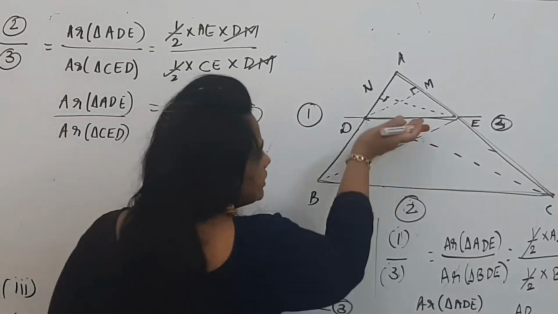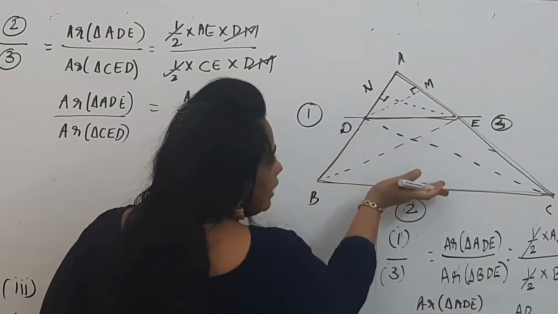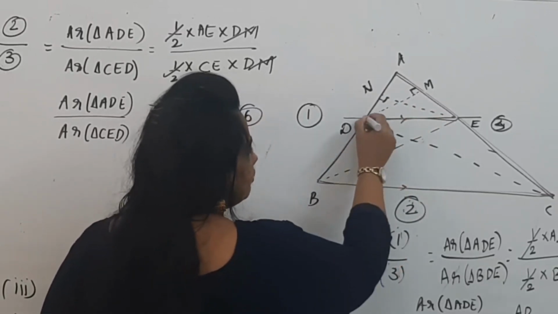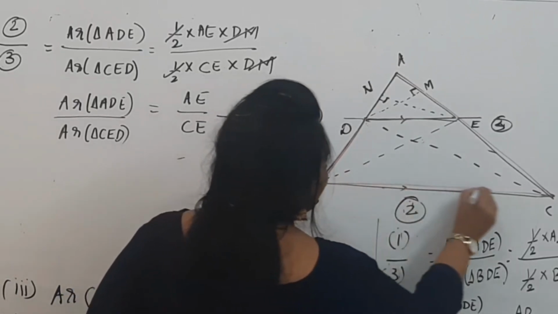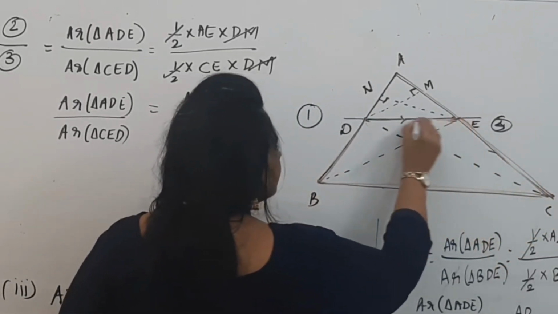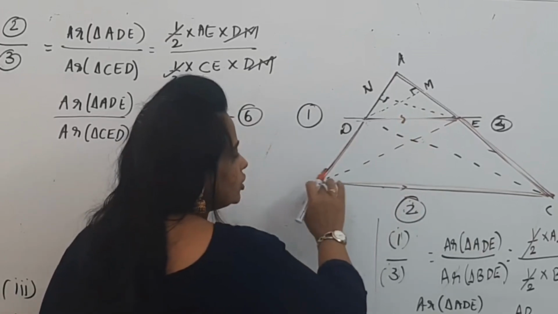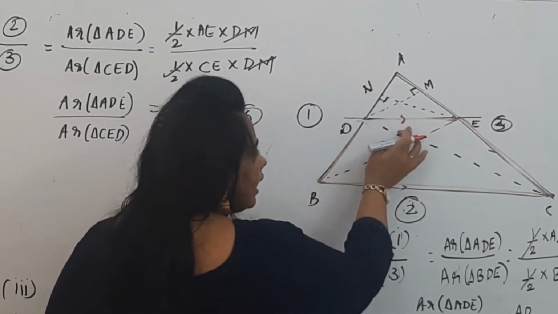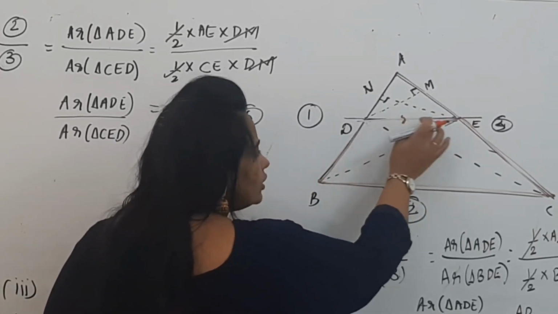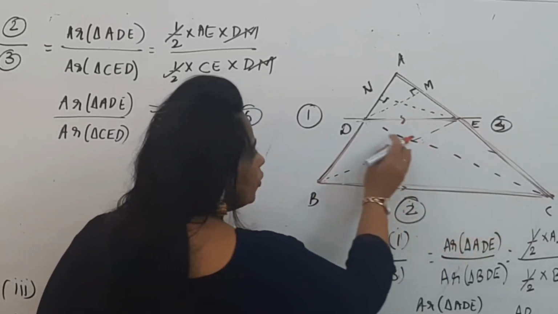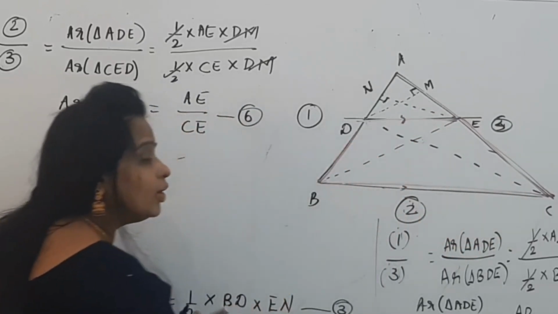So this is not the base, this is the base. But they lie between, I told you, this is parallel to this one. It is given in the statement. And when it is parallel, you can see it is a trapezium. So I can say these two triangles lie on the same base between the same parallels. So the areas are equal.